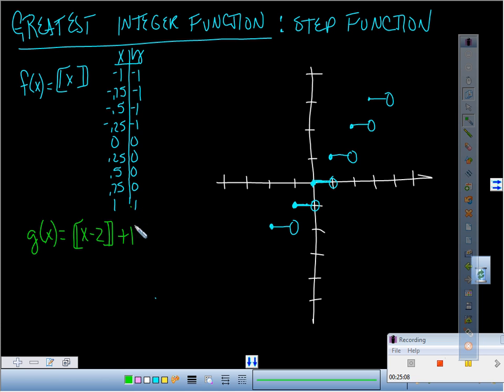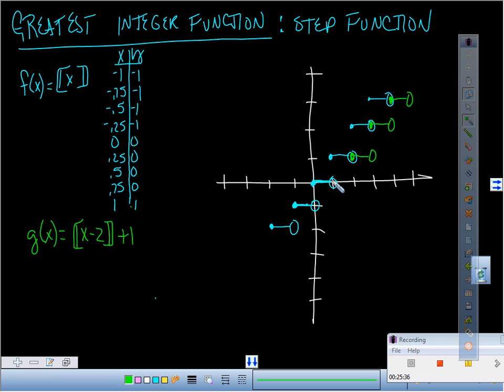Could you use what you know about transformations and plot this graph right here? Right 2 and up 1. There you go. People, take this one little stair and move him where? Right 2. I'm going to start at the solid point, and I'm going to go right 2 and up 1. So he goes here, and then he goes to here, and then here, and to here, and then here, and to here.